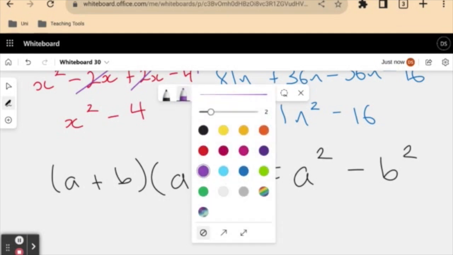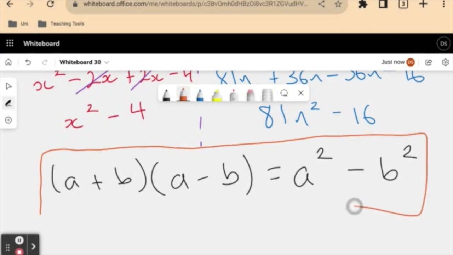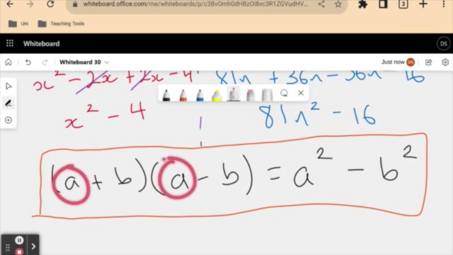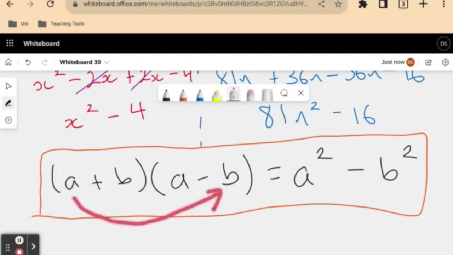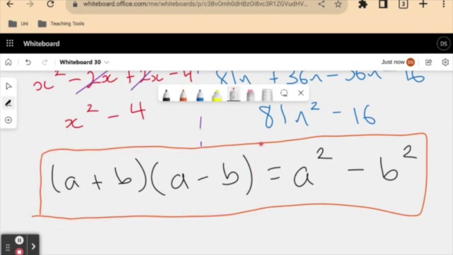This is our general formula for the difference of two squares. Because here, if we were to do this manually, we'd get a squared minus ab plus ab. So those are going to cancel out, and then minus b squared. So all binomial products of this form, when expanded, will give us a difference of two squares.